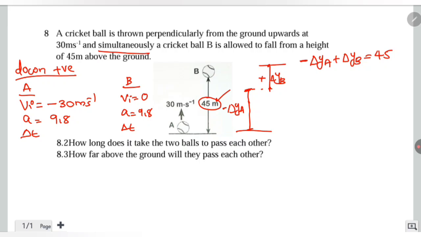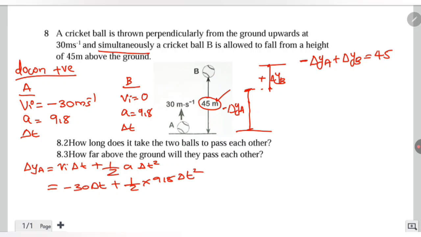Using the given data, we can say delta YA is equal to Vi delta t plus half a delta t squared, which is equal to minus 30 delta t plus half times 9.8 delta t squared. Solving it, minus 30 delta t plus half of 9.8, which is 4.9, delta t squared. That's how we solve for delta YA.